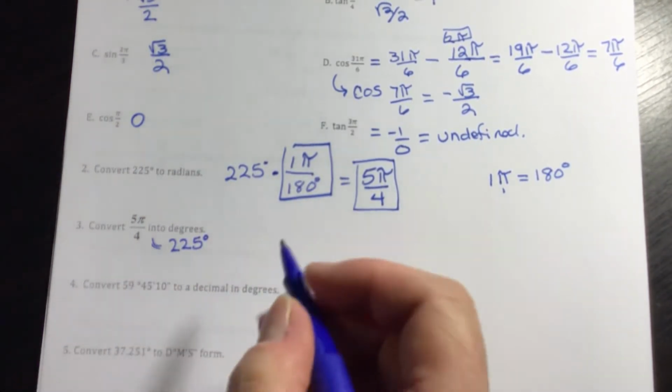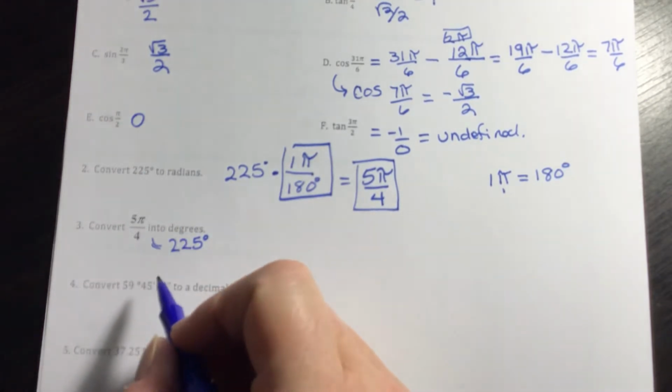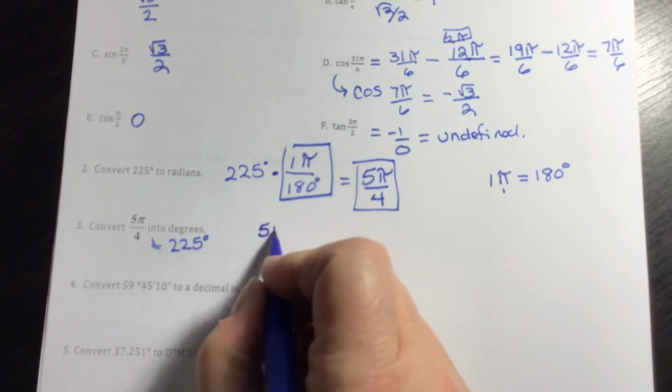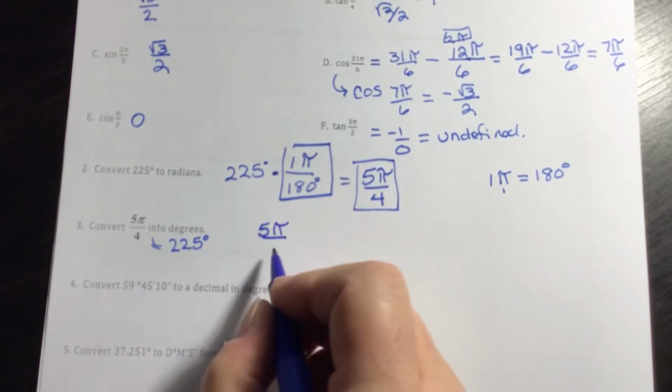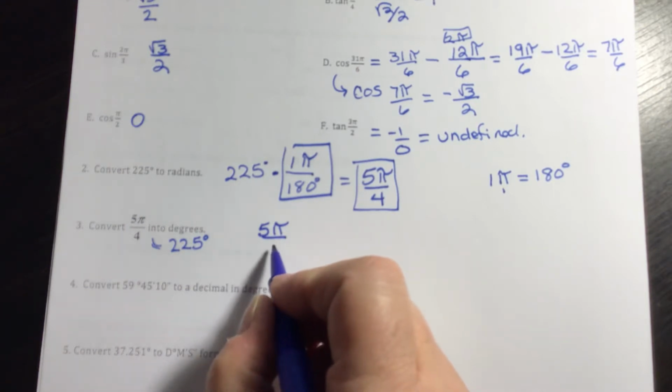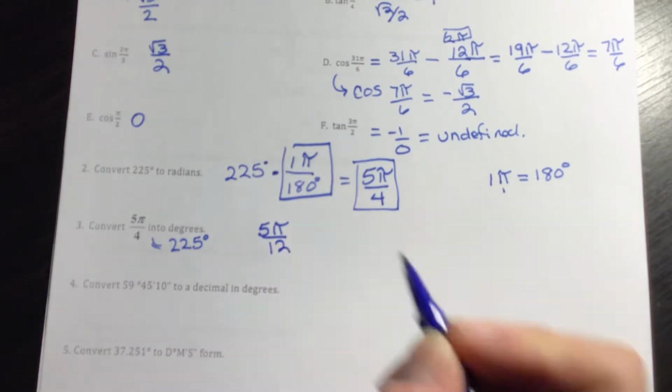But let's say I don't have 5 pi over 4. Let's say I have 5 pi over, I don't know, 12.